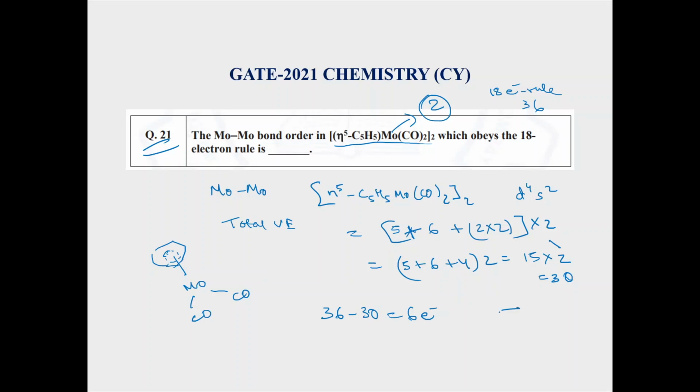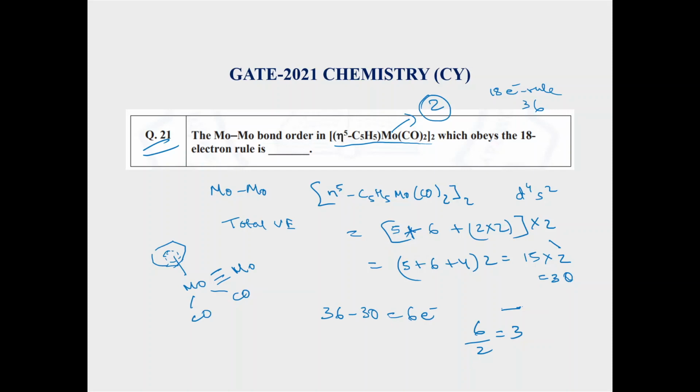Now we all know that in one bond there are 2 electrons. So that means 6 by 2, so we need 3 more bonds for fulfilling 18 electrons. So between the two molybdenum there are 3 bonds.